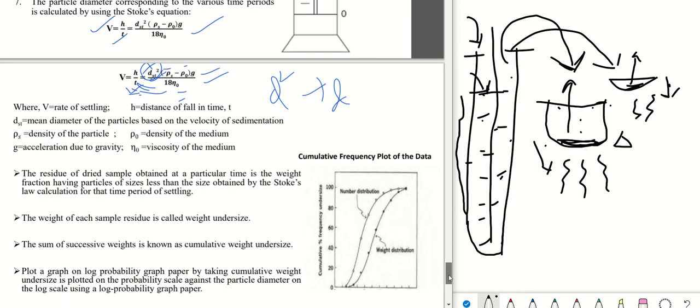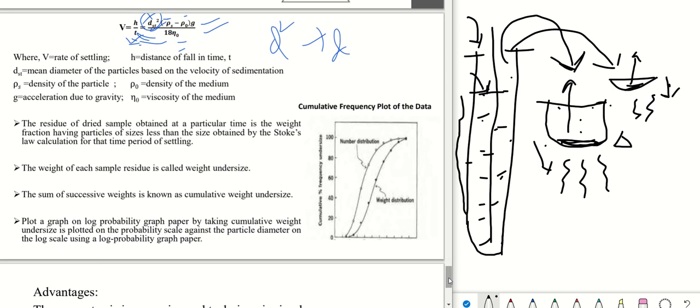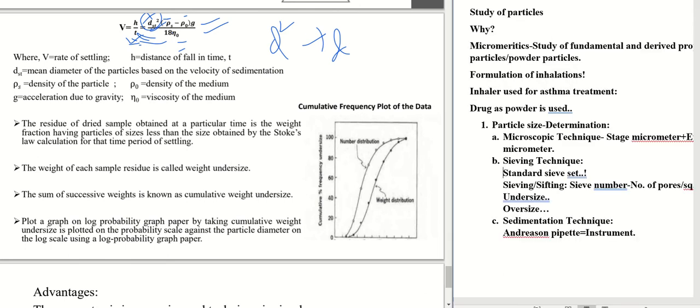Now here, from this experiment we will also get the values of undersize and oversize. How can we get it? Just like in our sieving technique, we can even get the information about the oversize and undersize.